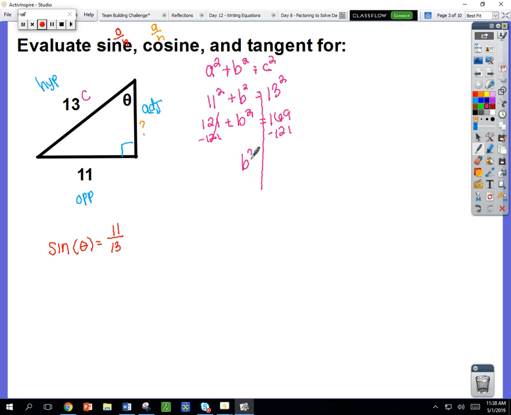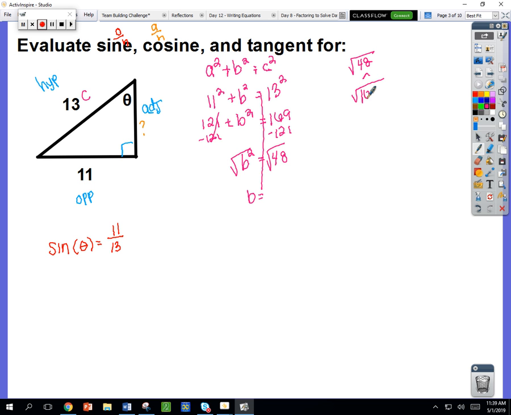B squared is equal to 48. So technically, when I do this here, I'm taking plus or minus the square root, but minus the square root won't make sense because this side can't be a negative length. So I get B equals, and then 48 comes out as a decimal, which means that it's a radical that just needs to be broken down.